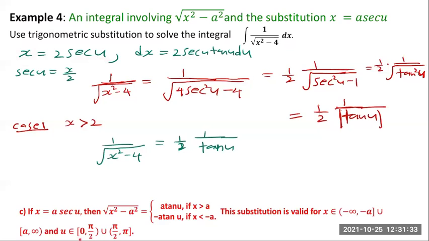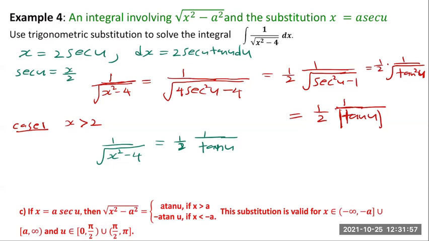That means your angle should be in this interval. It cannot be in this interval. If it is in this interval, your secant u has to be negative. So your angle u is in the first quadrant. If your angle u is in the first quadrant, tan u has to be a positive number. So the absolute value of tan u is the same as tan u. That's your integrand if your x is bigger than 2.